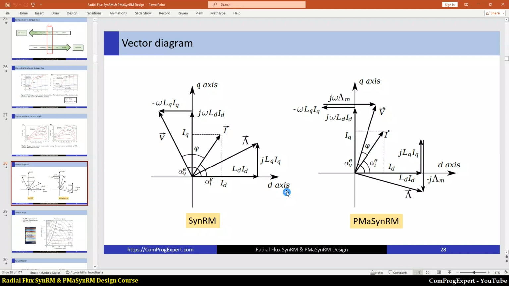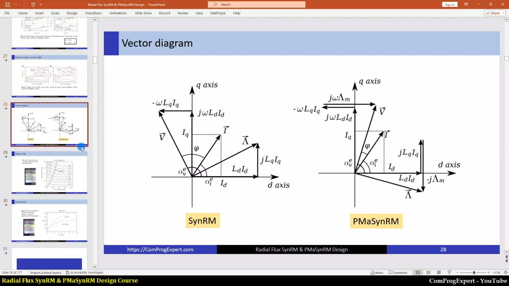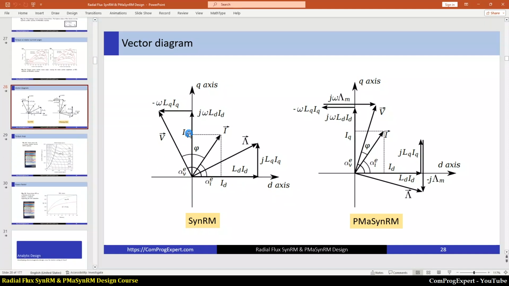That is used for optimal sizing of the magnets that we will discuss later. So let's review here. This is the D-axis of the rotor core, and this is the Q-axis of the rotor core. This is the IS, the stator current phasor.